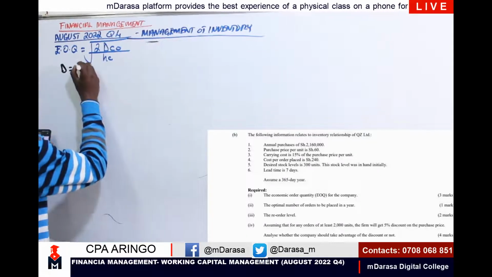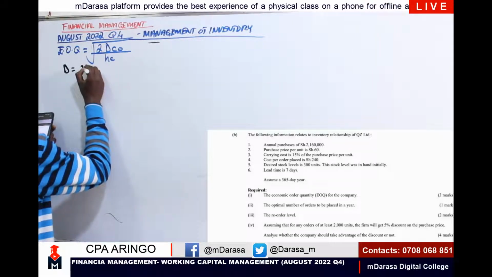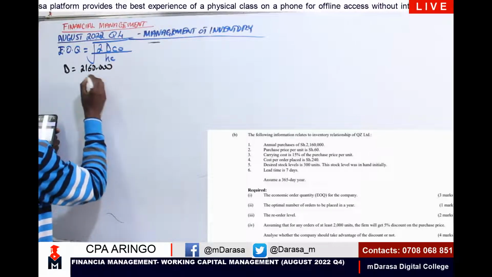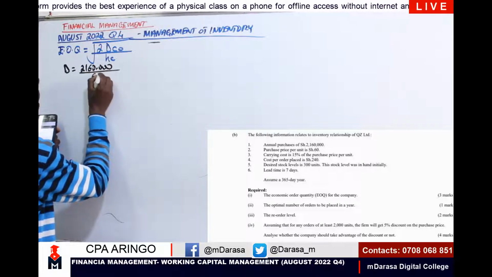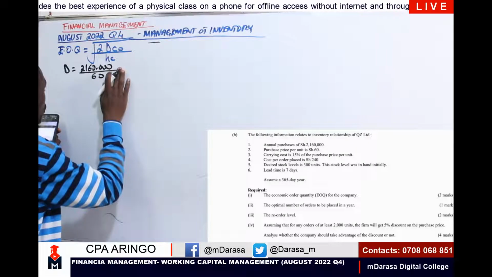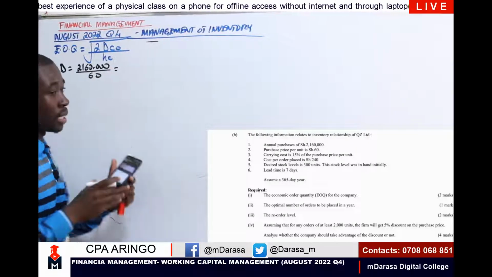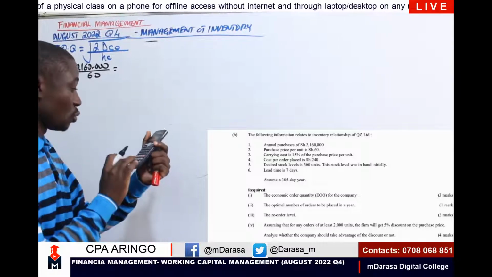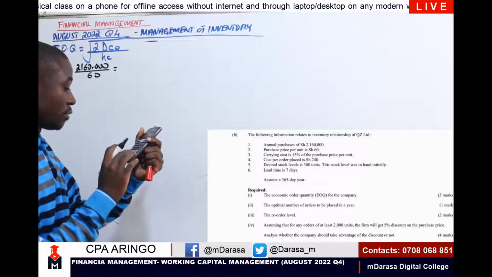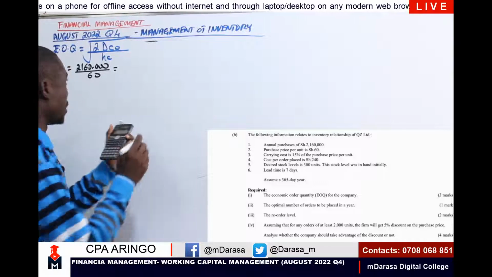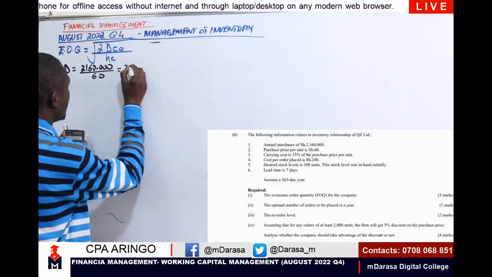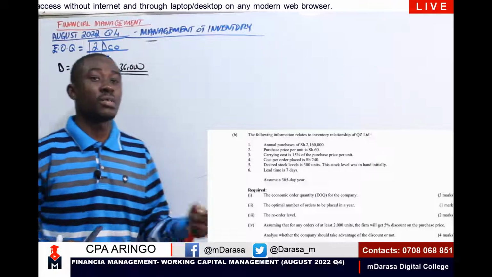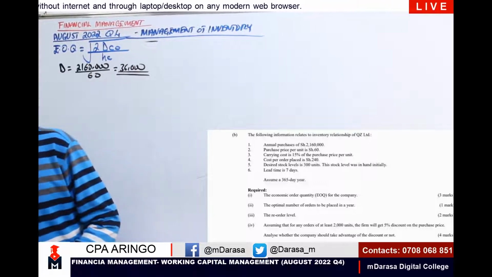So I'm spending 2,160,000, and each unit is going for 60 shillings. So clearly you can say that our demand, we should be talking of how many units? 2,160,000 divided by 60. Clearly you can see I'm talking of 36,000 units. So this is our annual demand. 36,000 units is our annual demand.